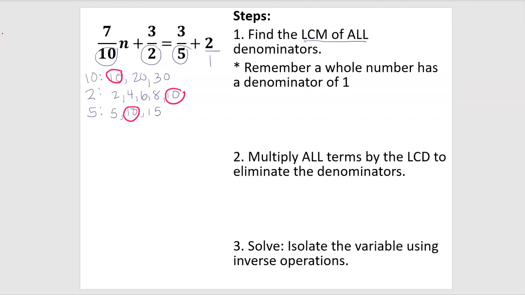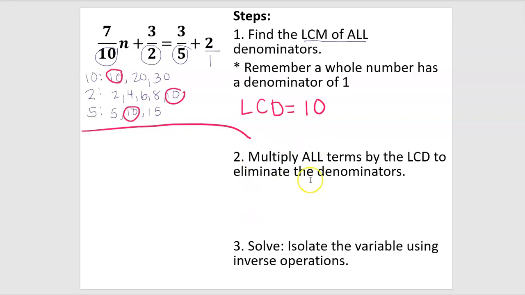I'm not going to worry about the 1 because our 1 does all the whole numbers. So I don't have to write 1, 2, 3, 4, 5, 6, 7, 8, 9, 10. I know that 10 is included as a multiple of 1. Okay, so now that we know that our LCD, our least common denominator, is 10, we can go ahead and look at our next step.